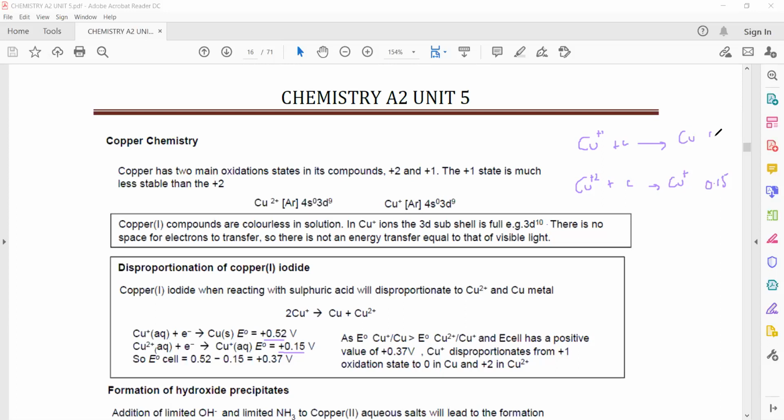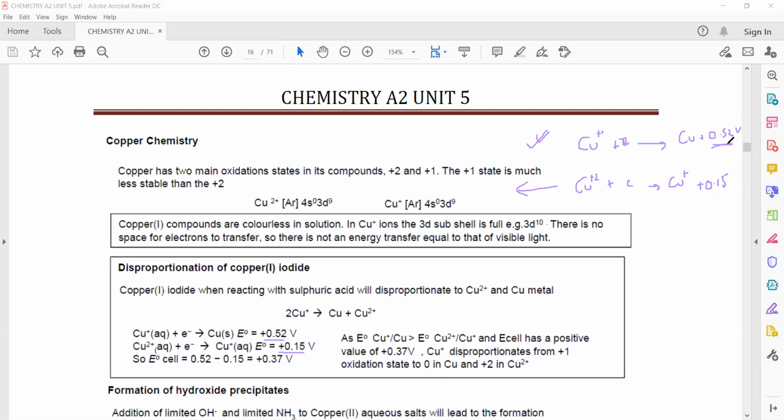And this electrode potential is given as 0.52, positive. So this is the higher potential, and this one is the lower potential. The one which has the lower or negative potential means the opposite will happen. So this equation will happen as it is, but this equation, the opposite will happen. You got the point?